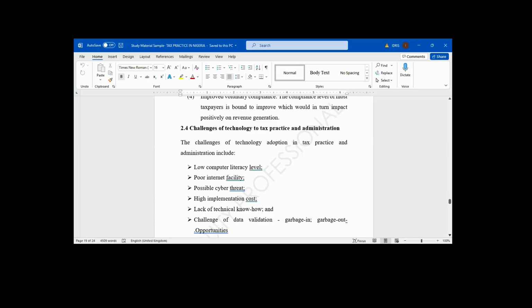Even for the FIRS Tax Promax, every year they will be doing maintenance. They will be engaging some IT experts to come and help them maintain it, so that these hackers will not penetrate it. So high implementation and maintenance cost is one of the challenges of technology to tax practice and administration.